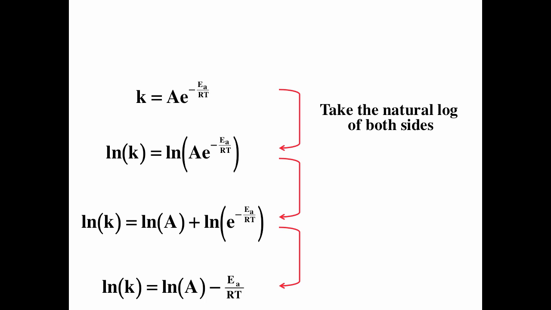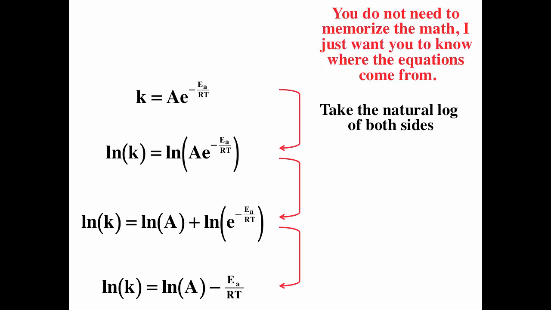And so in the bottom equation, we have natural log of k equals natural log of A minus E_A over RT. Now you should actually recognize this as the equation for a straight line. And so if you think about y as being natural log of k, mx is minus E_A over RT, and b, your y-intercept, is actually natural log of A.